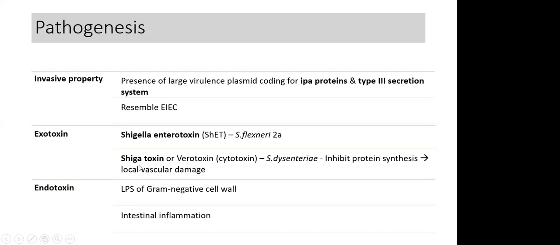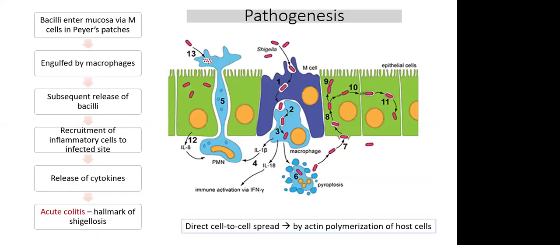The second one is Shiga toxin or verotoxin, mainly produced by Shigella dysenteriae, which causes local vascular damage. The third type of virulence factor is the lipopolysaccharide of the gram-negative cell wall, which causes intestinal inflammation. So these are the virulence factors of Shigella.